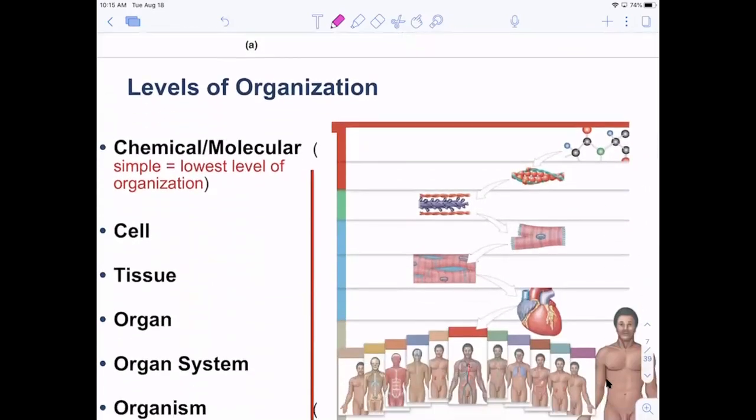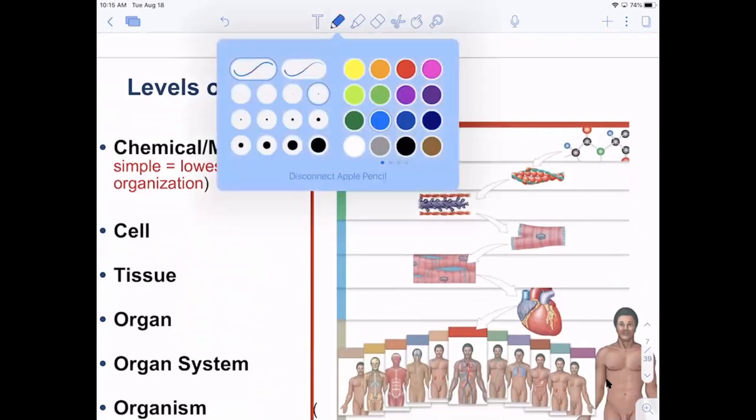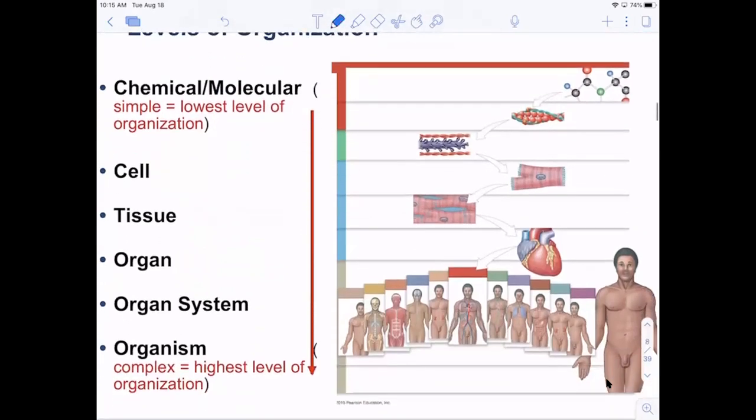It's important to understand levels of organization. What you have to realize is most everything in your body is made up of a combination of carbon, nitrogen, oxygen, and hydrogen.